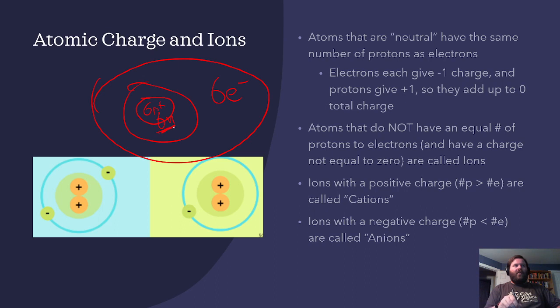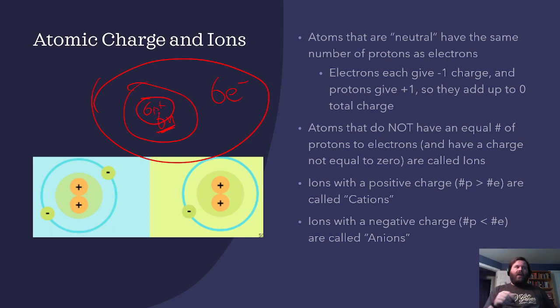The neutrons are all 0 charge, so they don't matter. Okay, so the nucleus will have +6, but the 6 electrons will give us -6, which should add up to 0. Okay, so hopefully the math makes sense there, but really all you need to remember is that for a neutral atom, the number of electrons is the same as the number of protons.